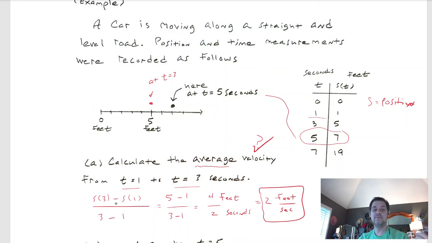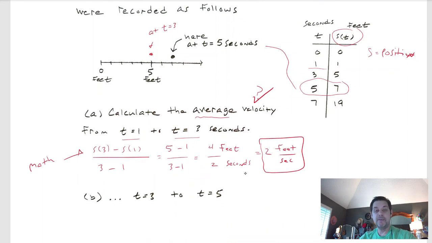So look, if you use that math that we started the lesson with, if you just calculate the average rate of change for this function based on these numbers, you get something that has measurements in feet on top and seconds on the bottom. That formula tells me how many feet the car's moved and how many seconds it took to do it. It took 2 seconds for the car to move 4 feet. That reduces to a final velocity of 2 feet per second. All right, there we go.